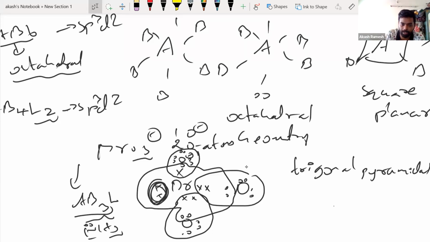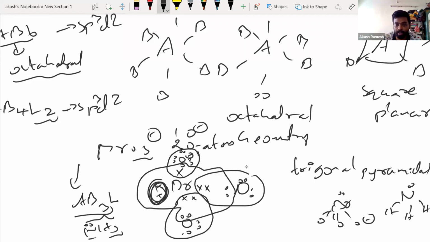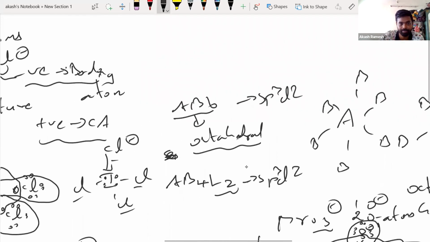It looks like this: Br double bond to O minus, basically a pyramidal shape. This is a pyramid. Or if I write NH3, N, H, H, H, and there's a lone pair. Here also there's a Br. This is what is called trigonal pyramidal shape. Okay, fine. I'll give you the point.